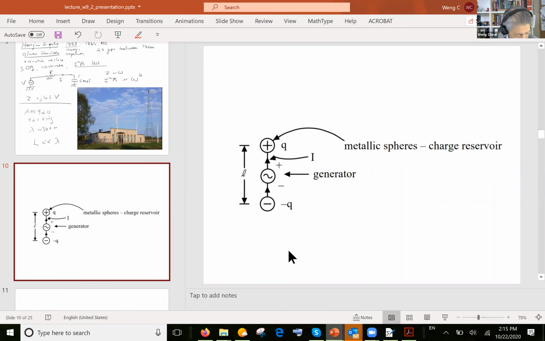This simple dipole is called a Hertzian dipole, named after Hertz. Okay, and so you can actually model the radiation of a tower station by an antenna tower here, and then another antenna tower here.